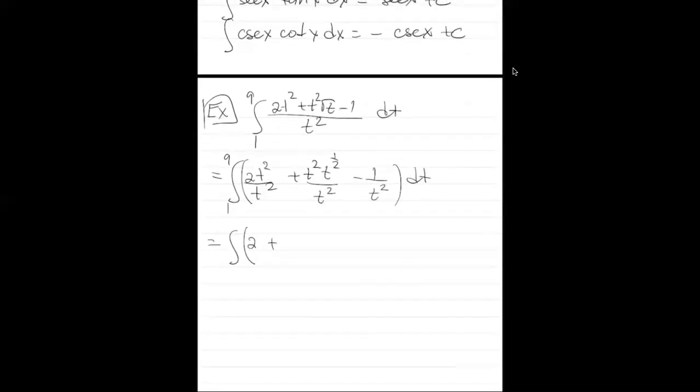And I'm going to write t to the 1/2 instead of square root of t. Okay, so after we simplify here, we're going to have 2 plus t to the 1/2, minus t to the negative 2 dt.